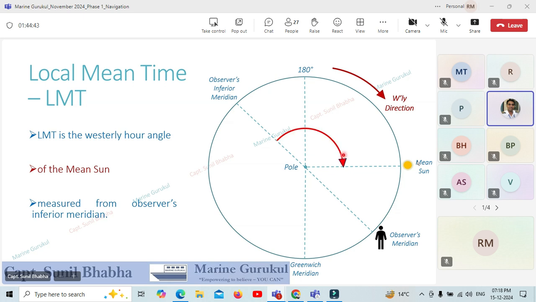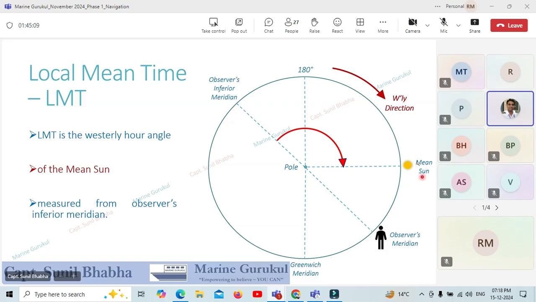This red color arc, the red color angle which you see, is the local mean time for this particular observer. Let's match it with the definition. LMT is the westerly R angle. So you see the direction of this red color arc and angle is the westerly direction as represented by this arrow. It is the R angle of the mean sun.